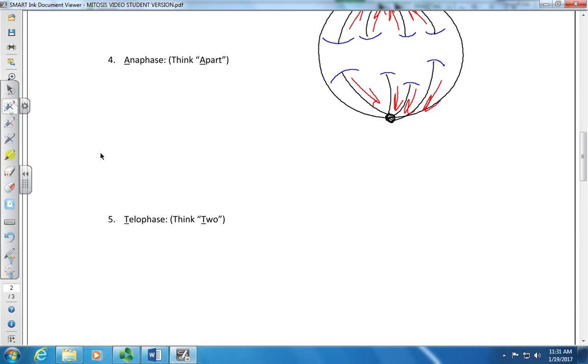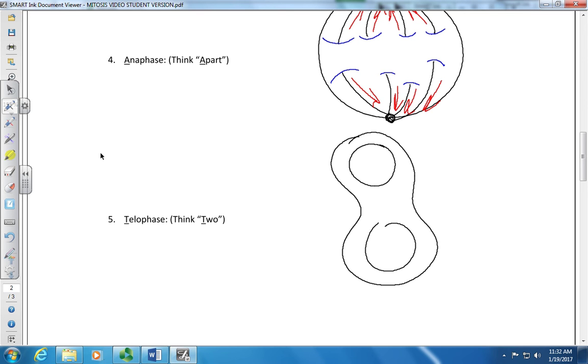Now for telophase, think two, meaning two nuclei. So now all of a sudden we have the same cell, but we have two nuclei inside of it. And each one has the 4 chromatids from way up here.